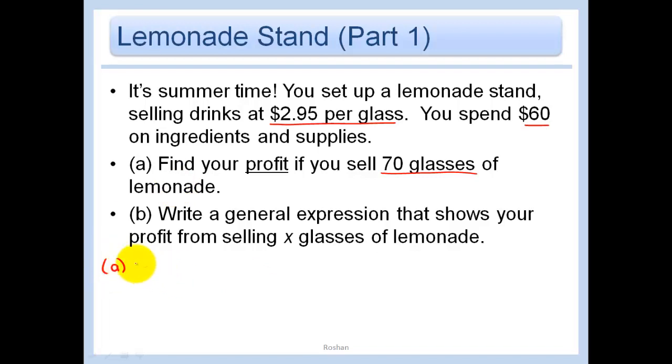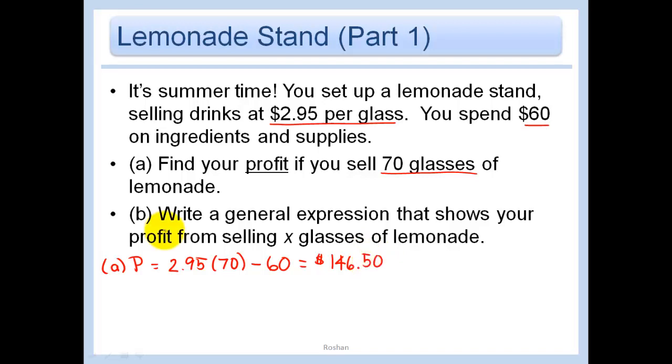We are selling 70 glasses for $2.95 per glass. $2.95, and we sell 70 of those. But we spent the $60, so our profit, we've got to take away what we spent, right? And so we get $146.50 is our profit.